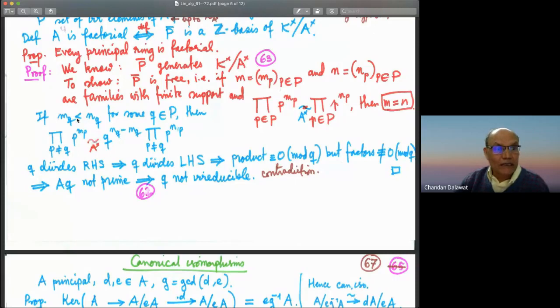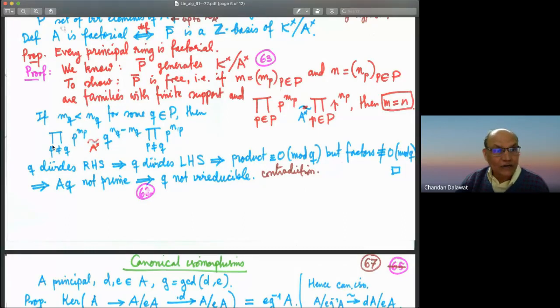So by our hypothesis, NQ minus MQ is strictly positive. So Q divides the right-hand side. So Q has to divide this left-hand side.